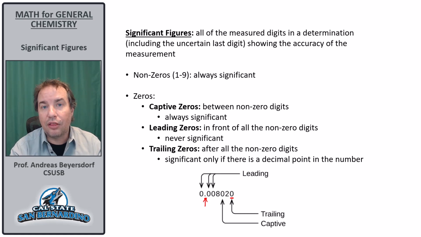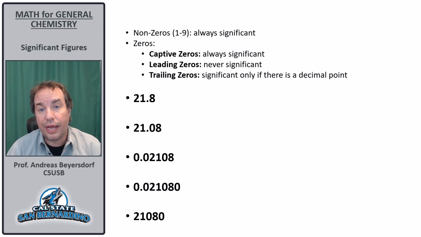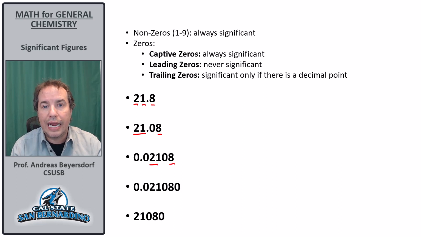So let's go ahead and look at some examples. So let's say we have these 5 numbers, okay, 21.8, 21.08, 0.02108, and 0.021080, and 21,080.